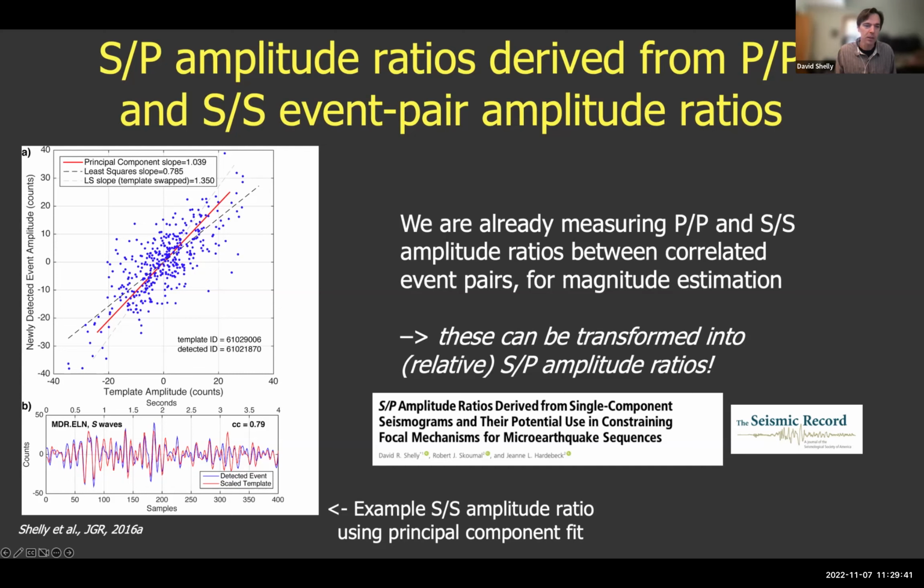So instead, we can take all those individual measurements and transform them into S to P amplitude ratios. I won't go into the details of how we do that, but if you're interested, there's a paper in the Seismic Record that was published earlier this year.